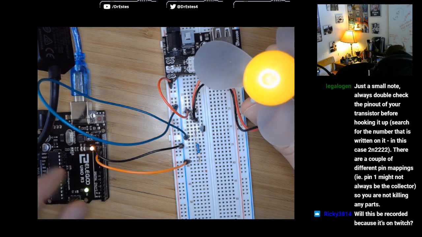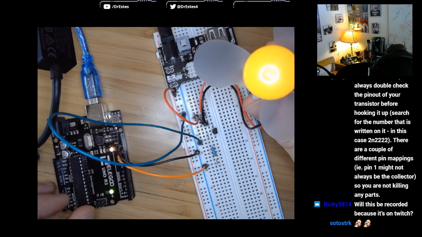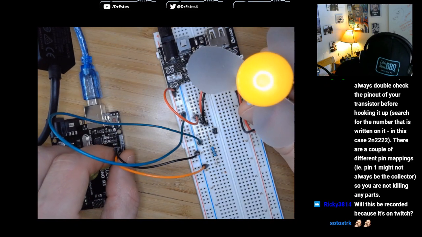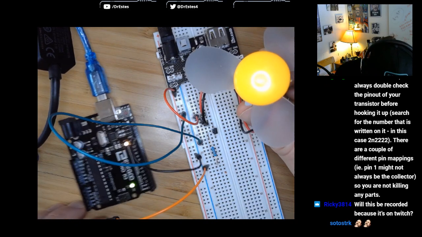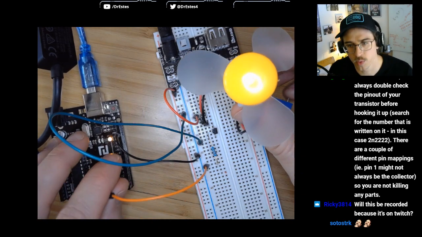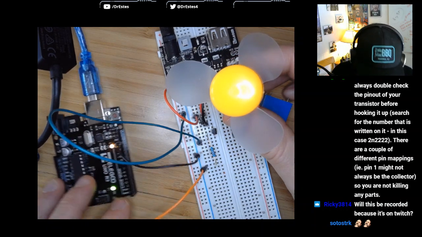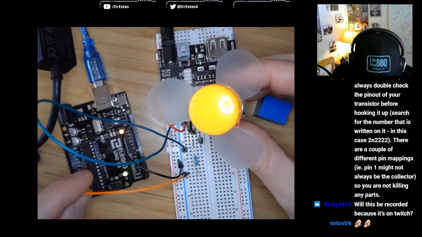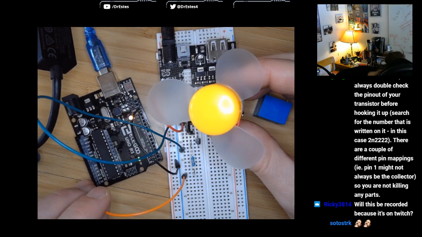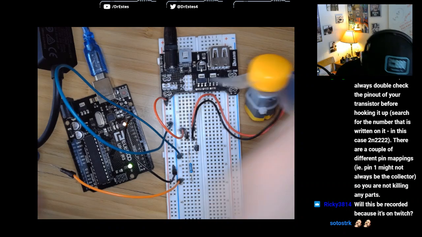5 volts. Oh, you know what? Let me check something. What I'm going to do real quick. So I had pin 13, which is turning off and on. What if I connect to the 5-volt pin on the Arduino? Wait, I'll turn off the power.